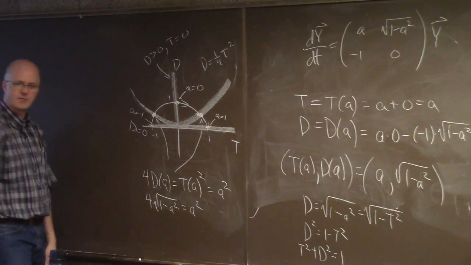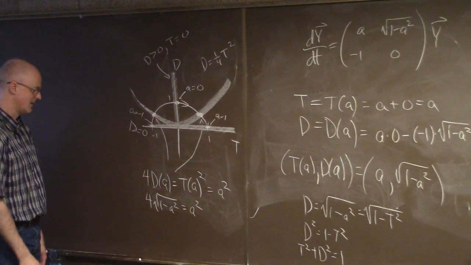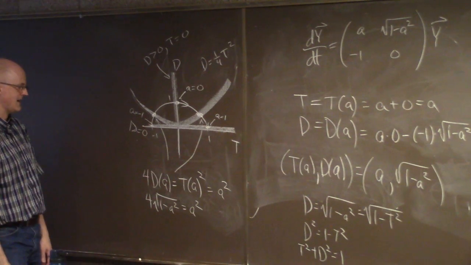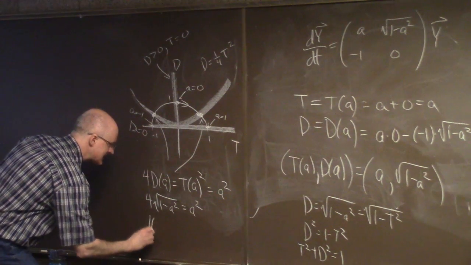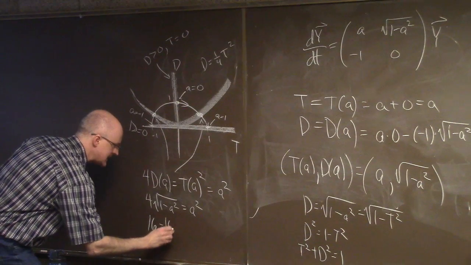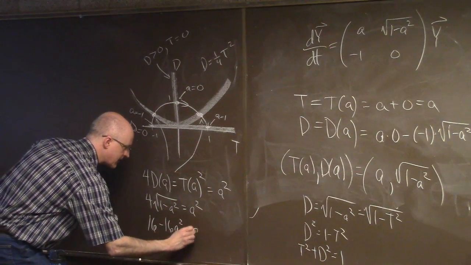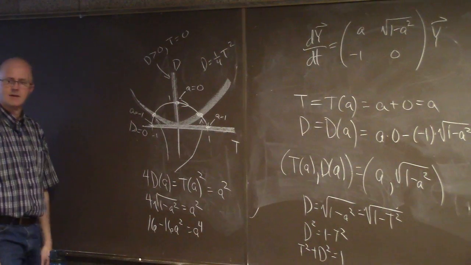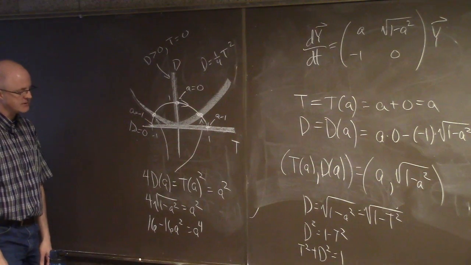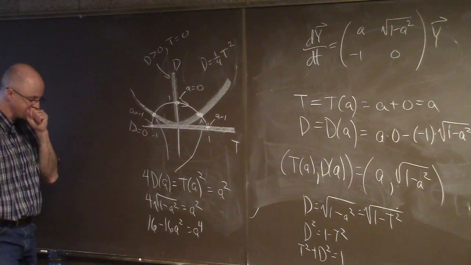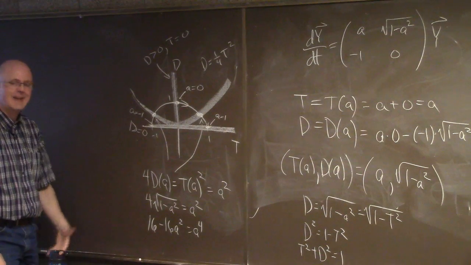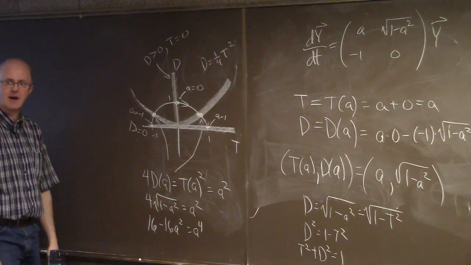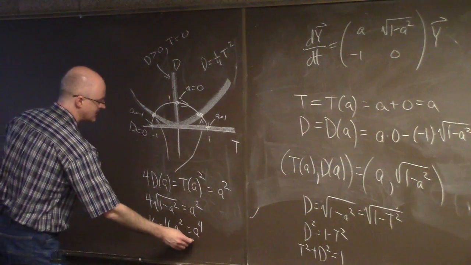I'm going to get a 4th degree equation when we square this. Hopefully everything's okay. Square both sides, get 16 minus 16a squared equals a to the 4th. Even though it's a 4th degree equation, it's quadratic in a squared. I could use the quadratic formula if I need to here.